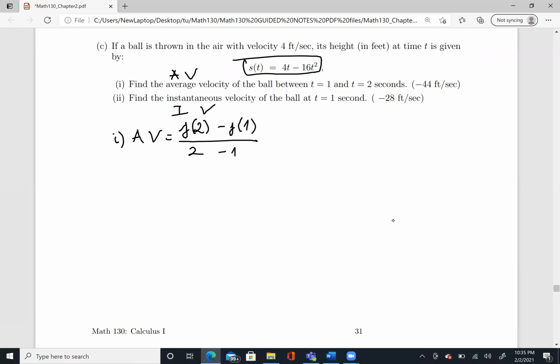Okay, so then you will have the answer as here, negative 44 feet per second. Try it by yourself and see what happens, right?